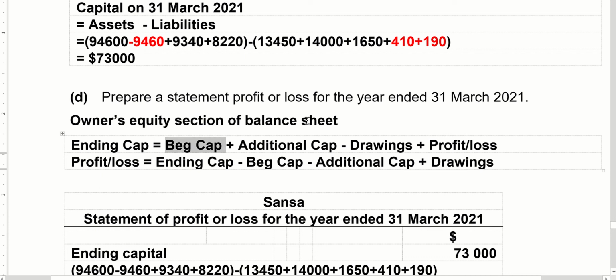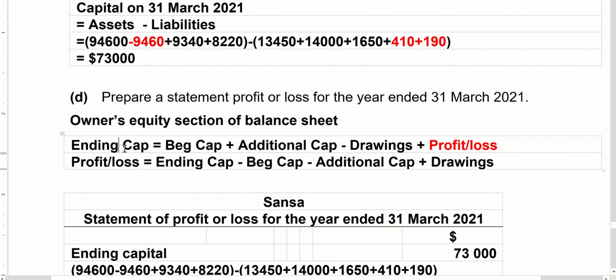You basically take your beginning capital plus your additional capital minus your drawings and then add your profit or loss. Now you are interested in calculating the profit or loss, so you are going to move everything else to the side of your beginning capital.